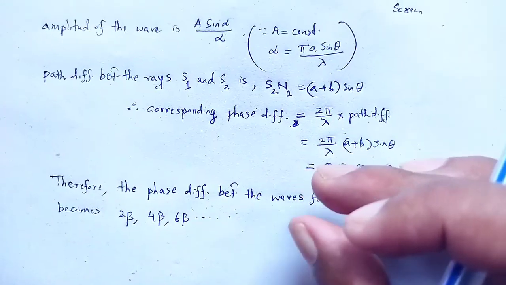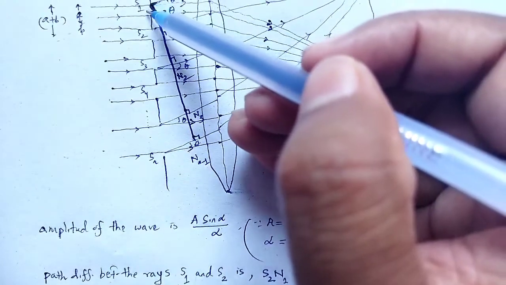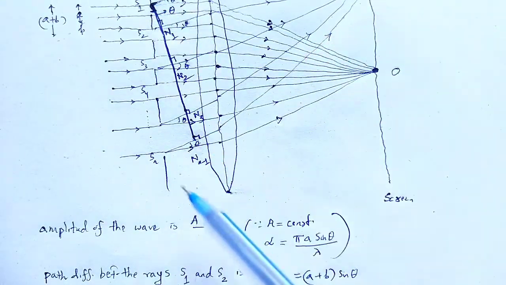Gradually, successively, the phase differs for the waves starting from slit S1 up to Sn.